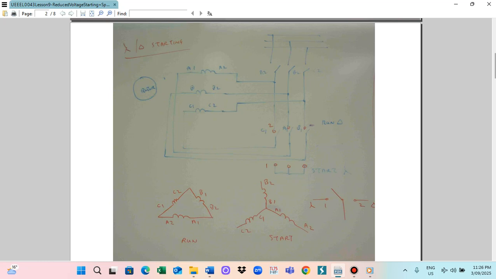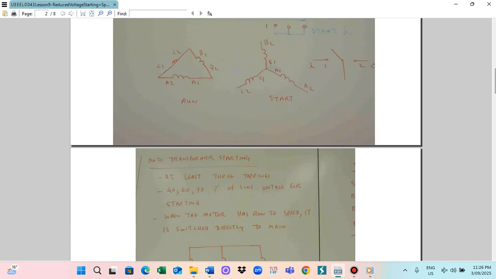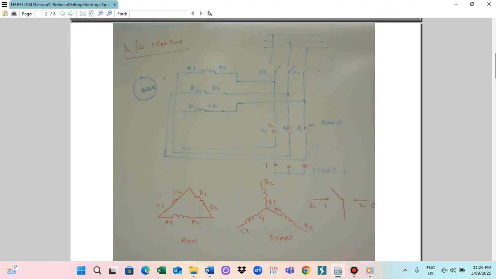At the running time, the motor winding is connected to delta. That kind of motor starter is useful for high voltage and high power motors. For the direct online starter we apply the full line voltage, so it is only suitable for 2 kilowatts or less. The star-delta starter is more useful for higher power motors.